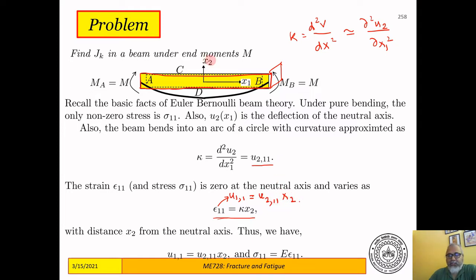There are no other strains, all other epsilon ij are equal to 0. So the only stress component that you have is sigma 11, which is related to epsilon 11 by E times epsilon 11. These are the two relations that we will use for the Euler-Bernoulli beam theory, and they just follow from the usual beam theory equations that you have learned in your strength of materials, just written in tensor notation.